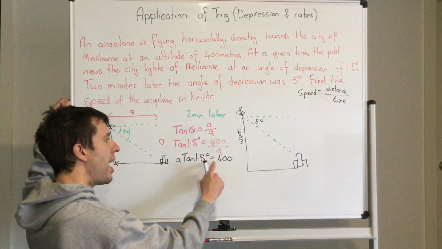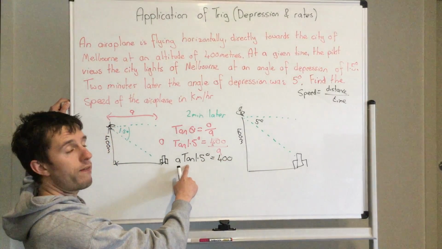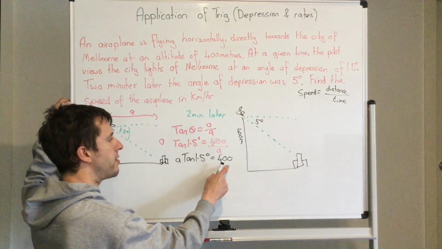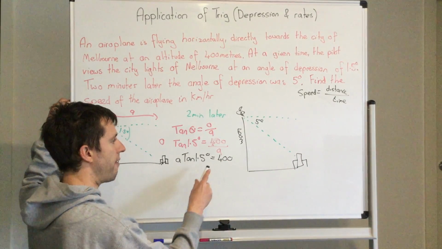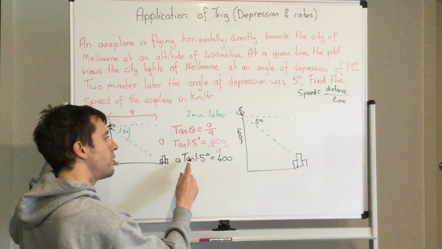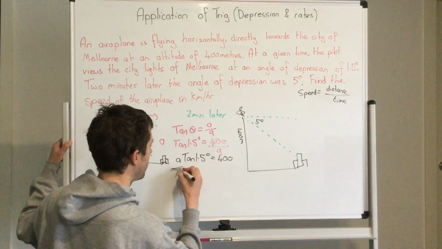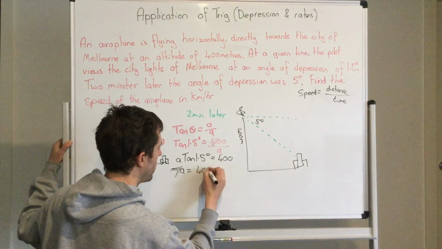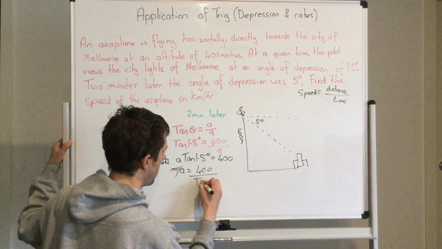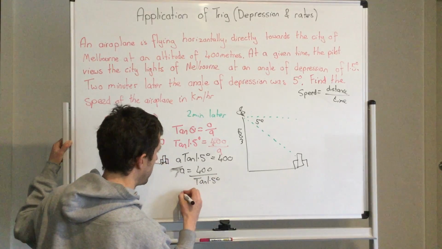If I divide this side by tan 1.5 degrees, it cancels out. The equal sign means whatever we do to one side, we do to the other. So A equals 400 over tan 1.5 degrees.